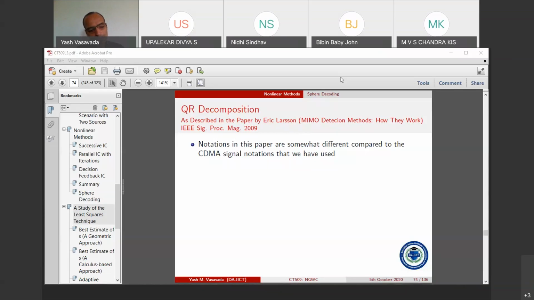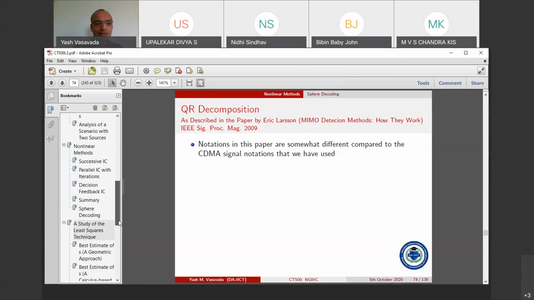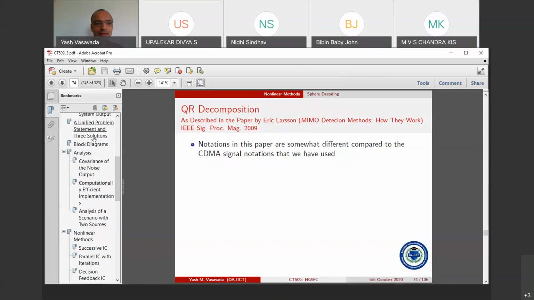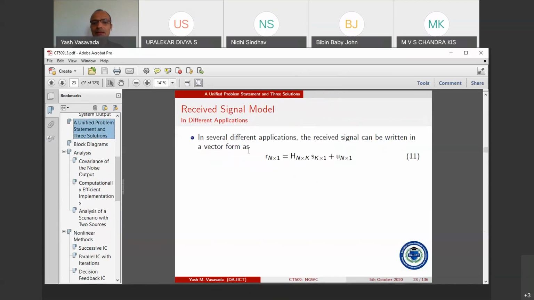We have said that the optimal receiver is the one which considers the reception model that we have seen earlier, in this equation.